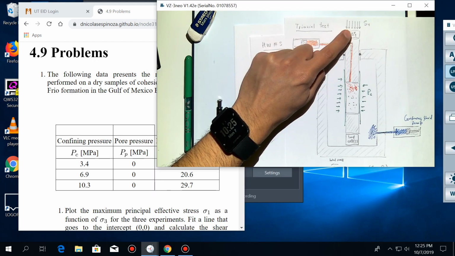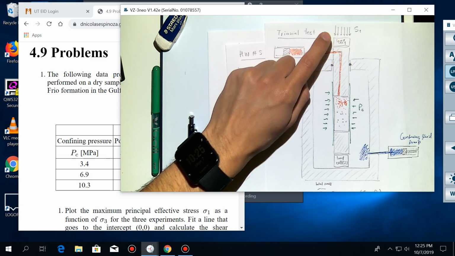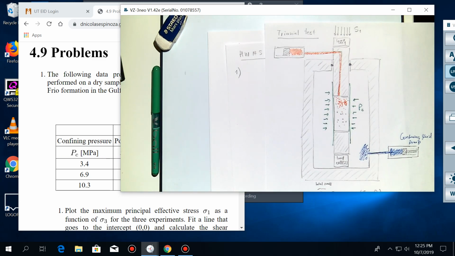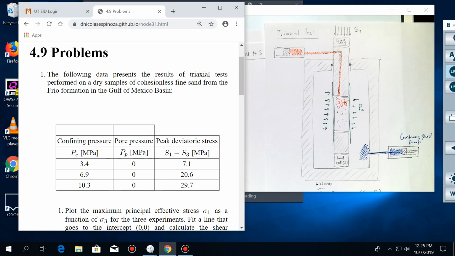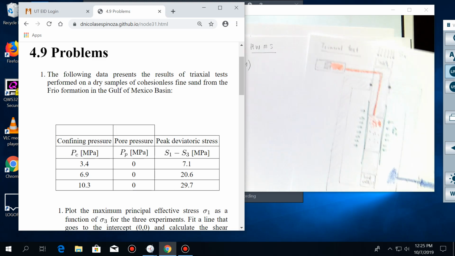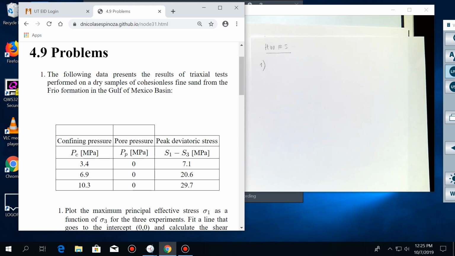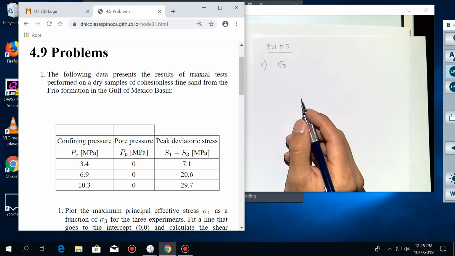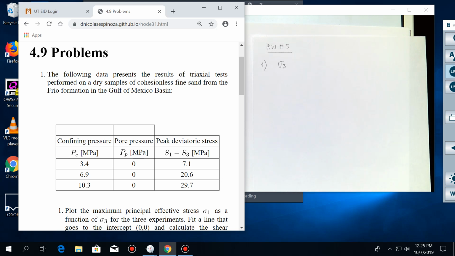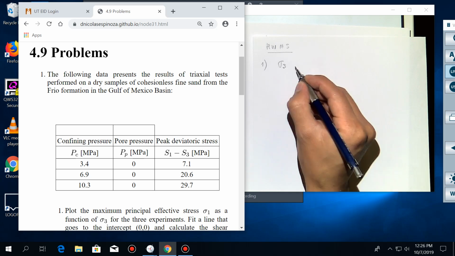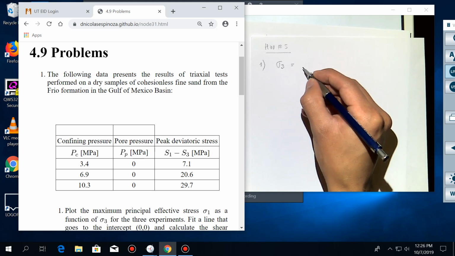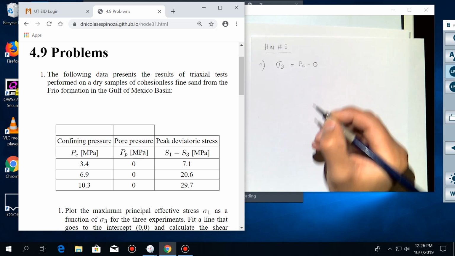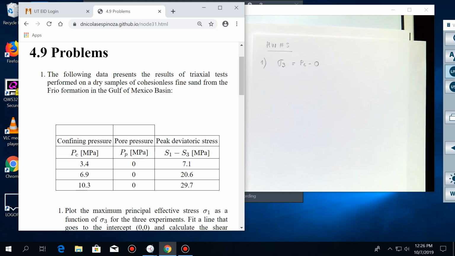All right. My question is, for this particular example, what is going to be sigma 3? You have PC, you have PP, and you have S1 minus S3. Sigma 3 is going to be directly PC, because the pore pressure is 0. So sigma 3 is equivalent to the minimum principal stress.